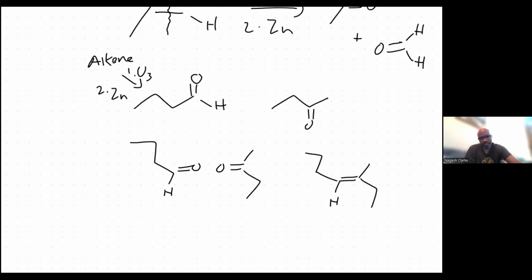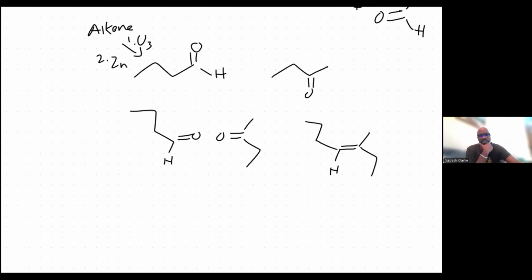Okay. So you have one, two, three, four, five, six, seven, so a seven-chain alkene. So it's a heptene. So I'll say it's 3-methyl-3-heptene, alkene. So that's the usefulness of ozonolysis.